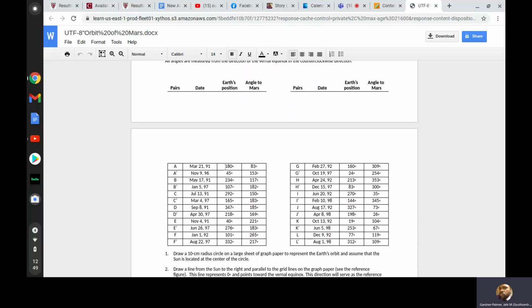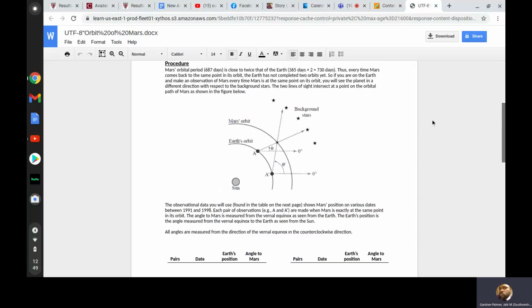That's going to be where the Earth is in its orbit. So on your circle, you would start at the sun and then go over here. So that's at about 180 degrees-ish. So we'll put the A there. This is not necessarily 180 degrees, but we're going to say it is, right? So you draw the Earth where it is.